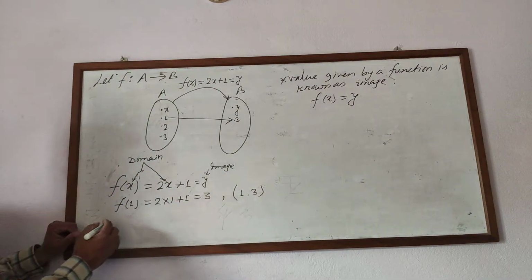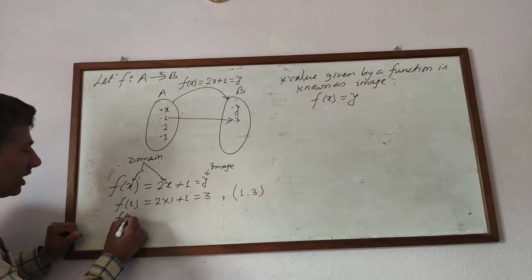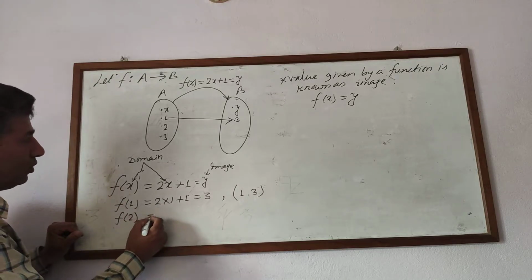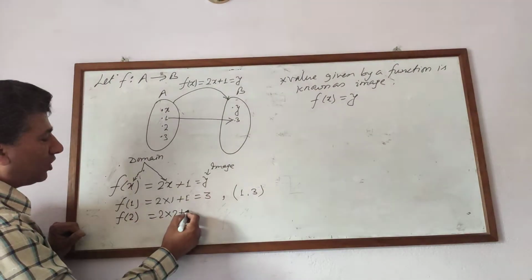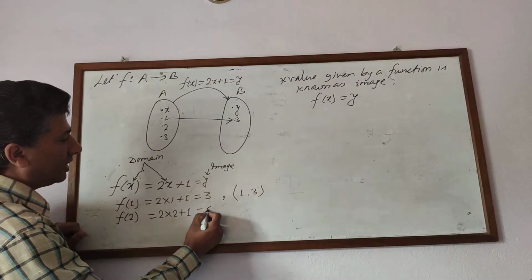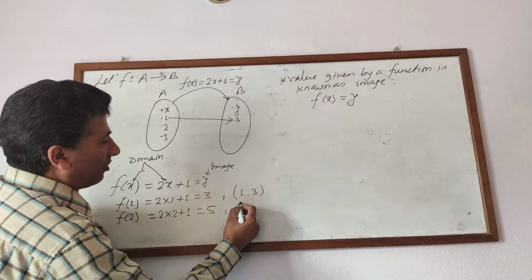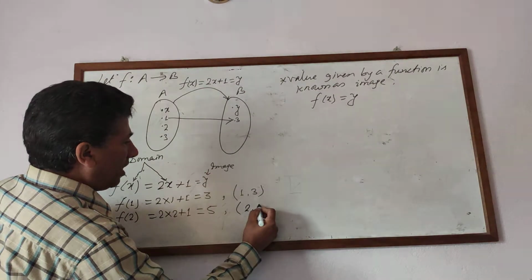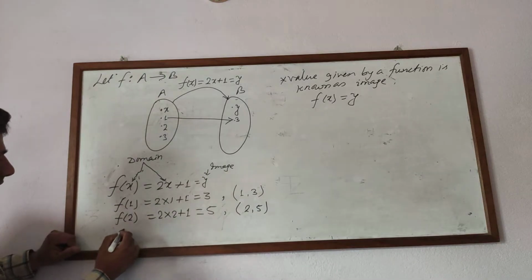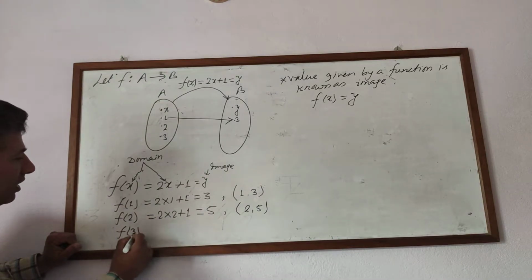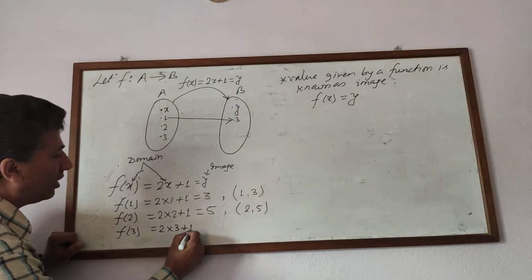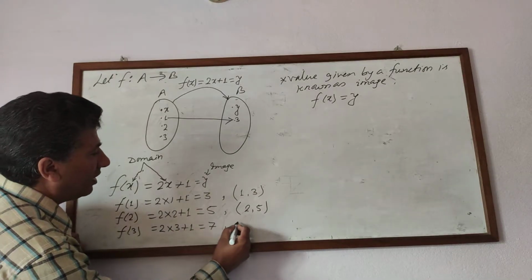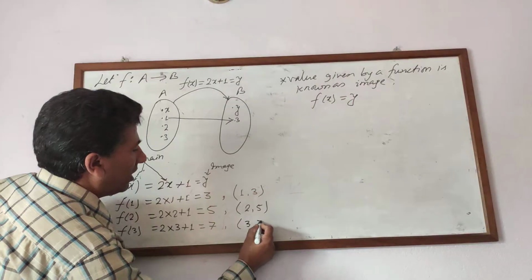Similarly, I'll take another value of x, 2, which is here 2 times 2 plus 1. This gives image 5. Now its ordered pair is (2, 5), and f(3) is 2 times 3 plus 1 equals 7, so (3, 7).